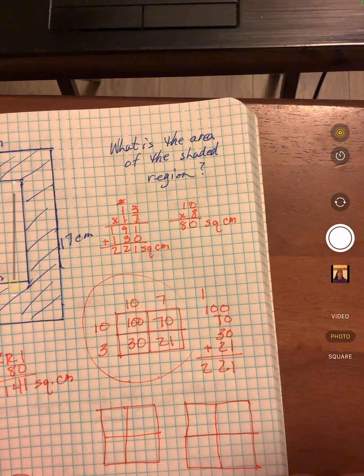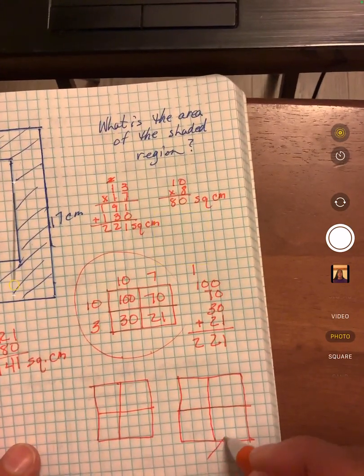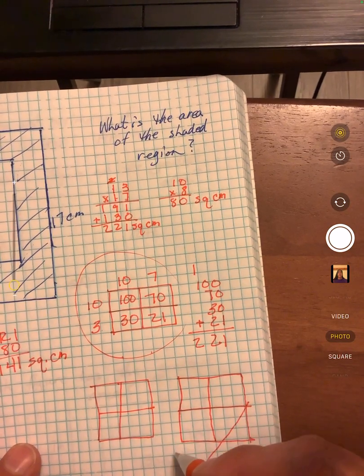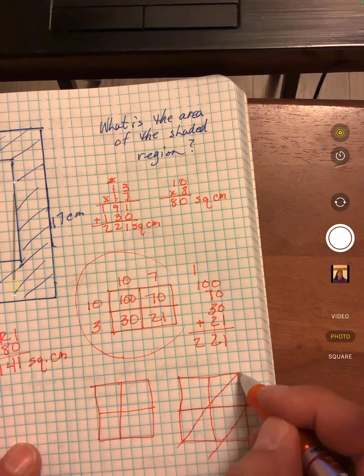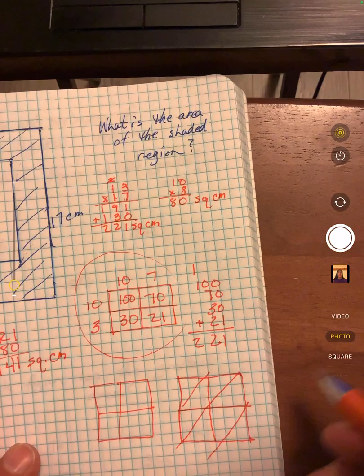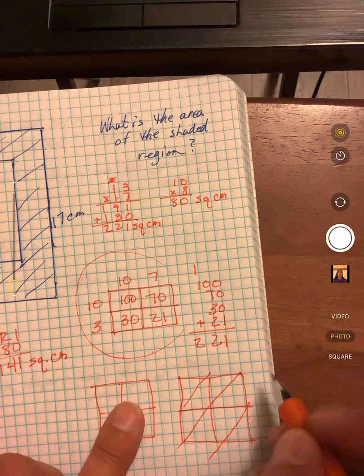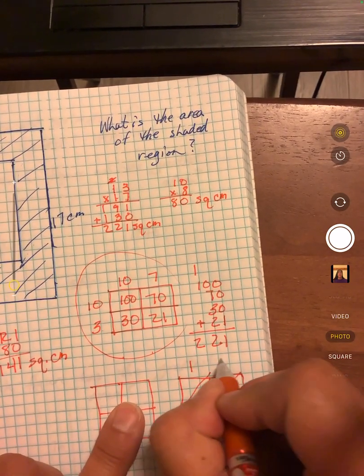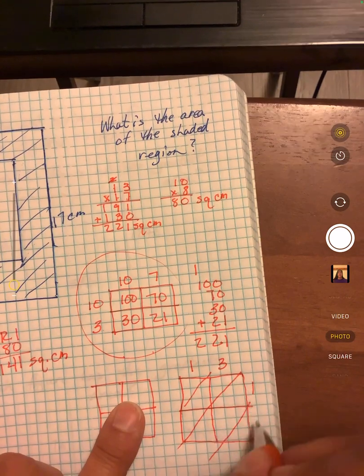Okay, remember, and then we do the lines like that, and we put 13, 17.